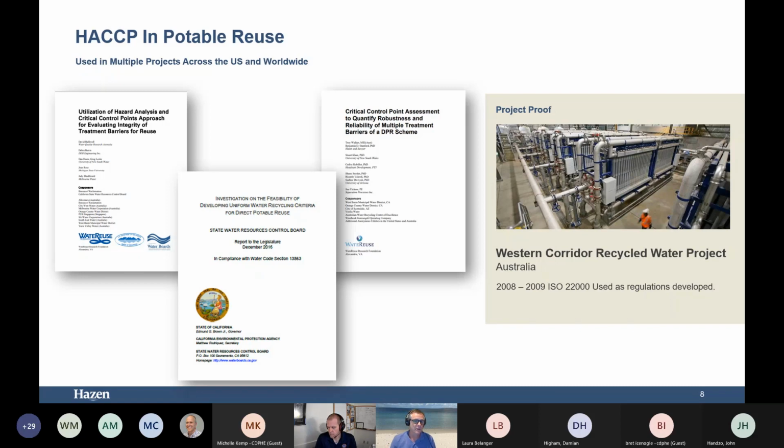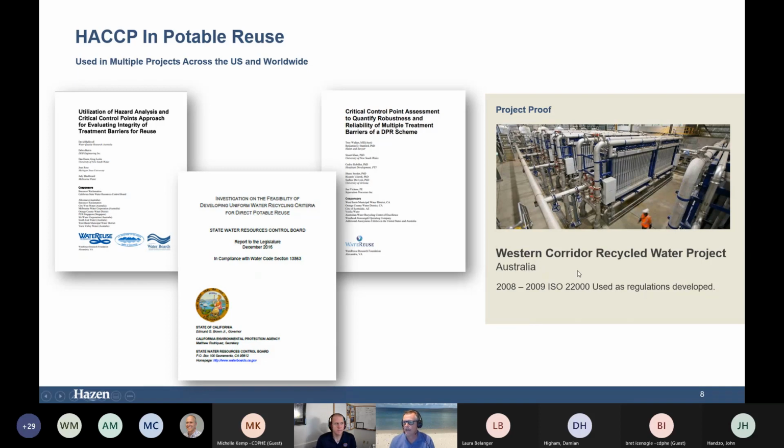They have slightly different terminology. They're calling their control points pathogen control points and chemical control points, just to differentiate between what's important for microorganisms and what's important for chemicals. But they're wanting to use those same principles.